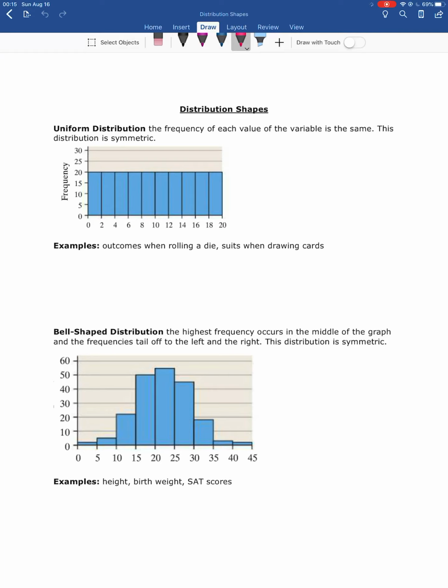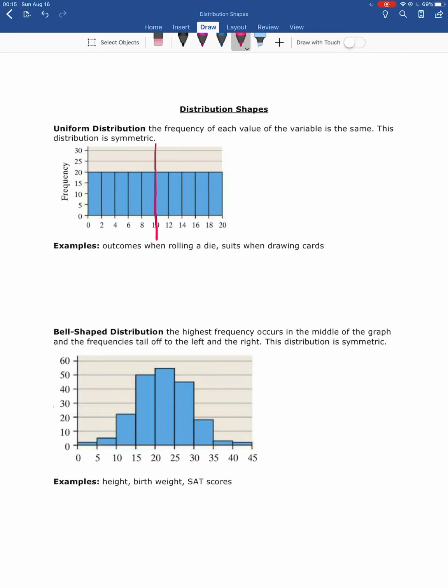So the first distribution shape is a uniform distribution. This is where the frequency of each value for the variable is the same. This distribution is symmetric, meaning if I cut it in half right here, it looks identical on the left and right side.